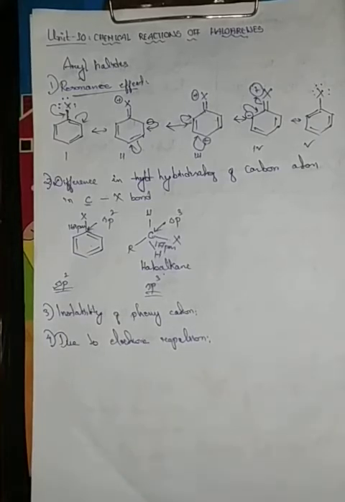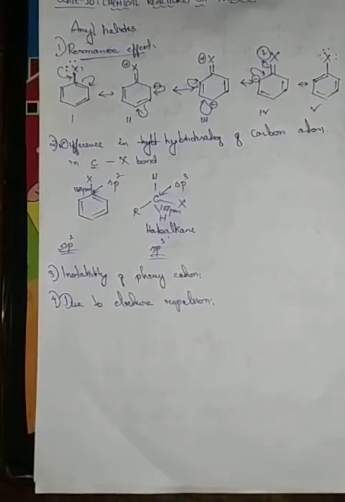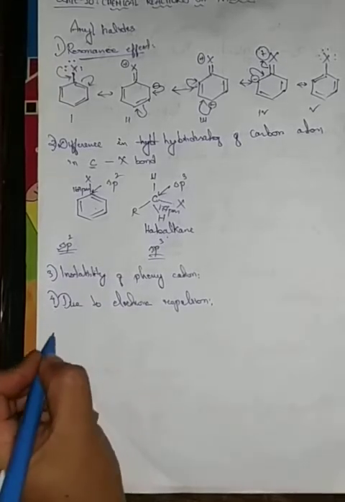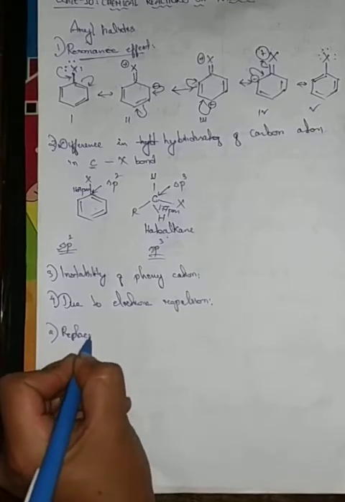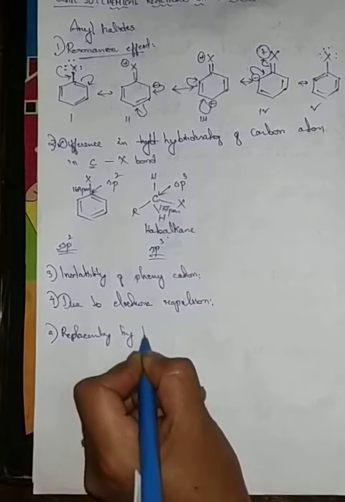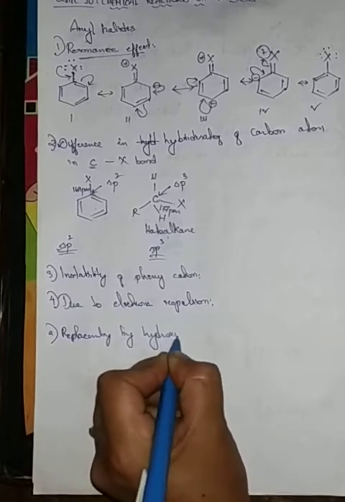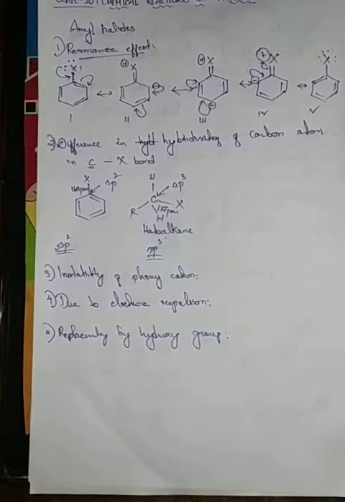Now with that, let's check out some nucleophilic substitution reactions of haloarenes. Although they undergo nucleophilic substitution reactions, the reaction occurs only under drastic conditions for haloarenes because they are less reactive than haloalkanes. The first one is replacement by a hydroxyl group.